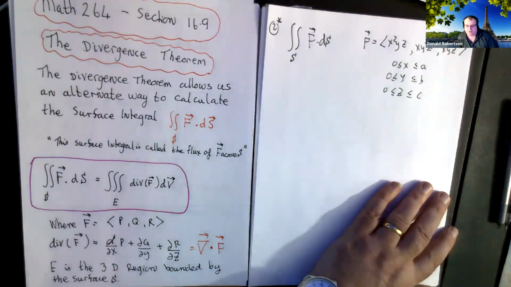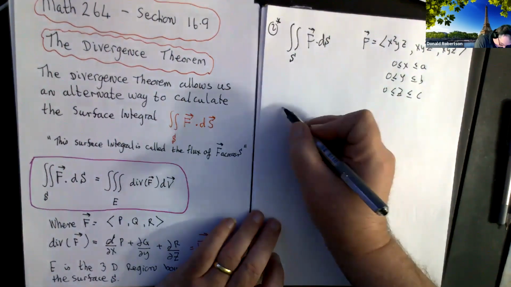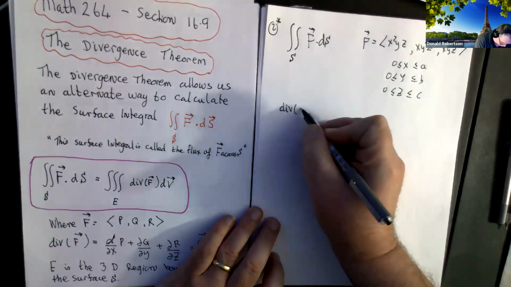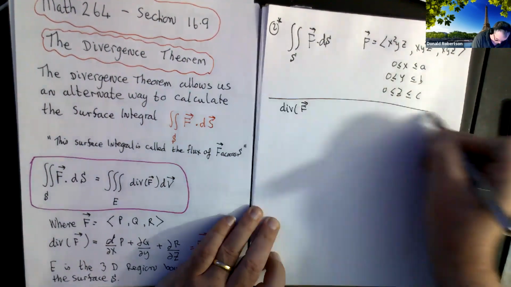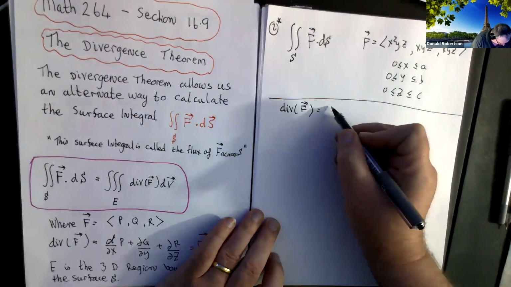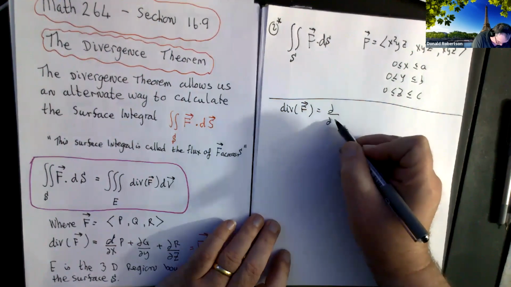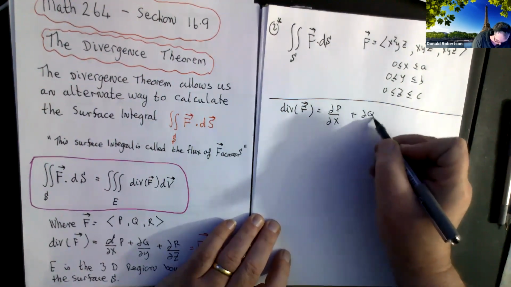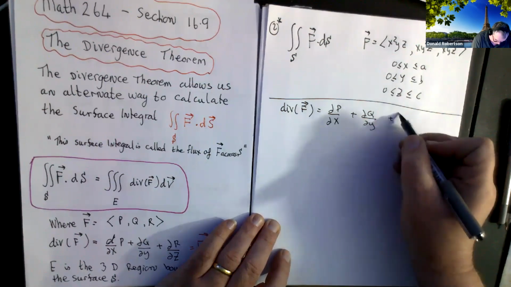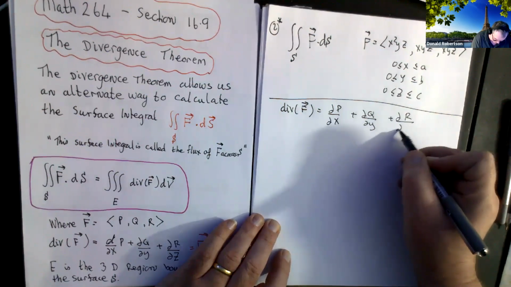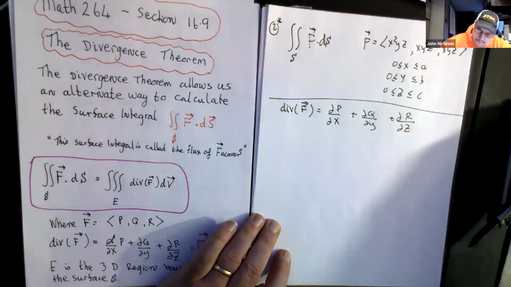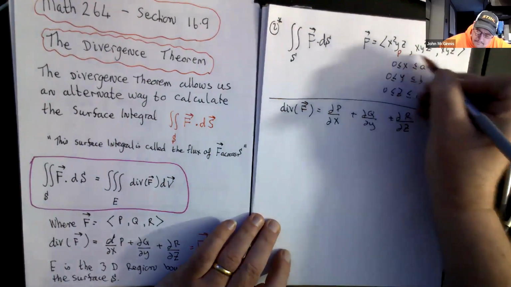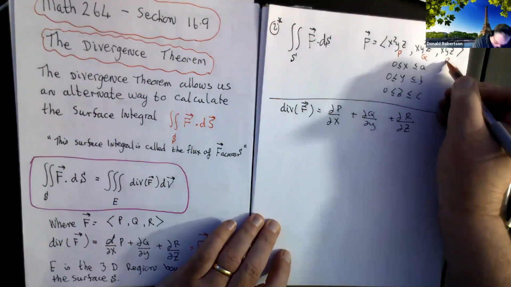Right, we've pretty much got everything we need. Let's do the working now. The divergence is going to be the partial derivative of p with respect to x, then the guy with y, and then the guy with z. Well, he's p, he's q, he's r.